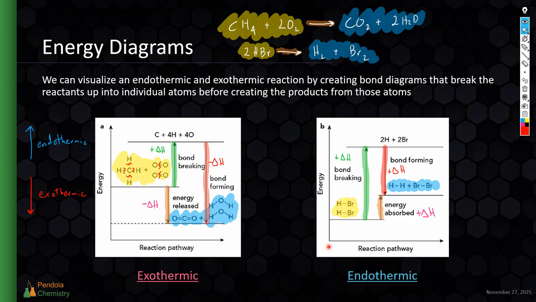In an endothermic reaction, the one on the right, bond breaking absorbs more energy than the bond forming releases for the products. So that's just a way of thinking about endothermic and exothermic processes in the scope of bond formation and bond breaking.